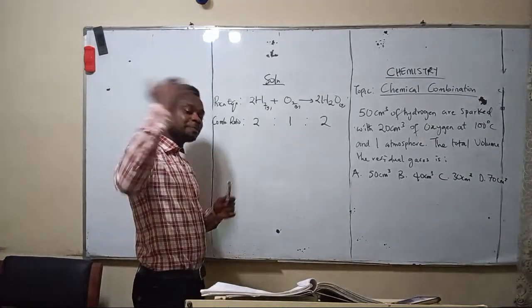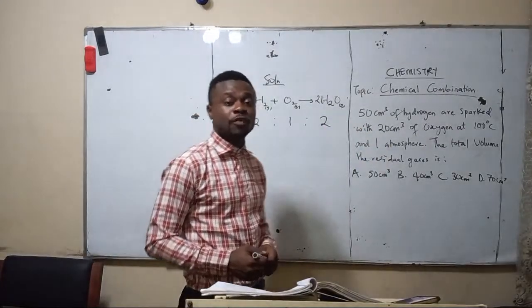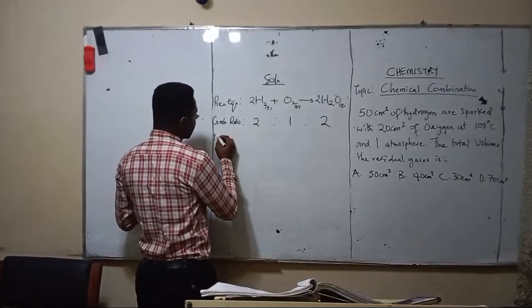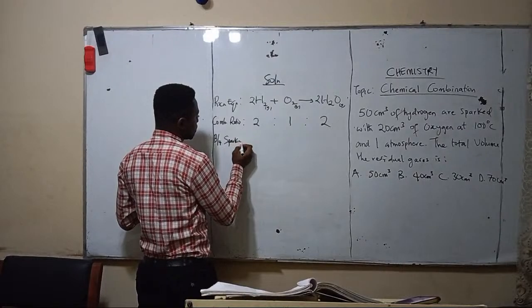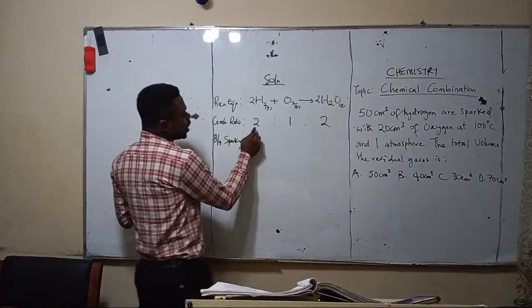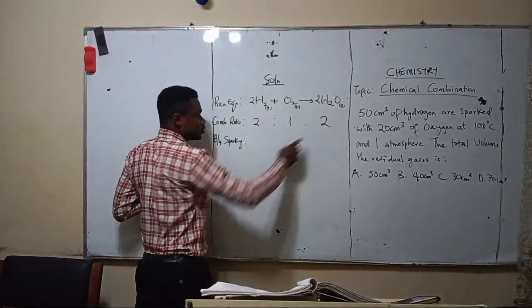Now, before sparking, because he said that 50 cm3 of hydrogen was sparked with 20 cm3 of oxygen, if they should combine in ratio of 2:1:2.